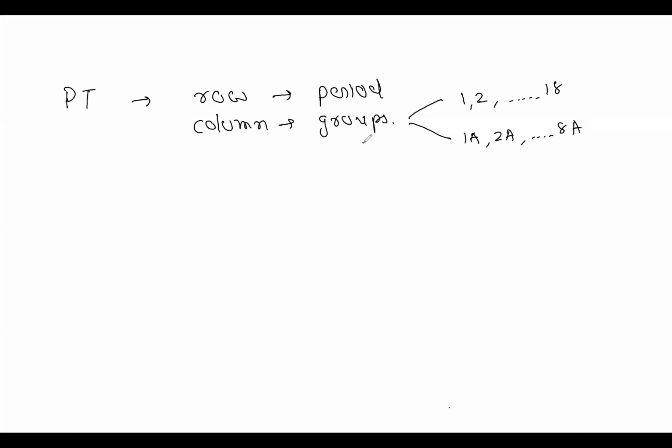There are 4 groups for which we need to know the names. I'm not going to repeat that, but I'm just going to write it down: 1A, 2A, 7A, and 8A. Do you guys understand this part? Everybody clear?